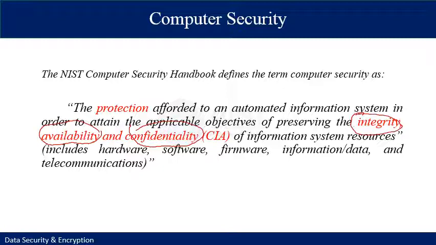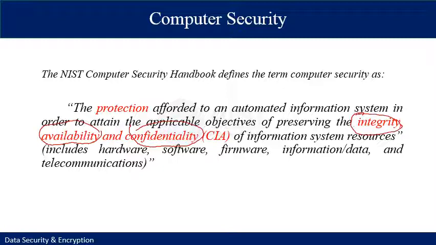So computer security mostly deals with three concepts. Number one, managing confidentiality of your information and communication mediums. Number two, integrity of the data transferred on communication mediums. And number three, availability of the data on transmission mediums and the availability of the transmission mediums.